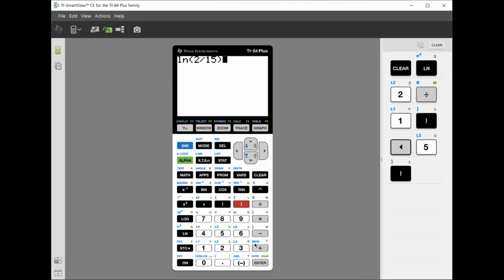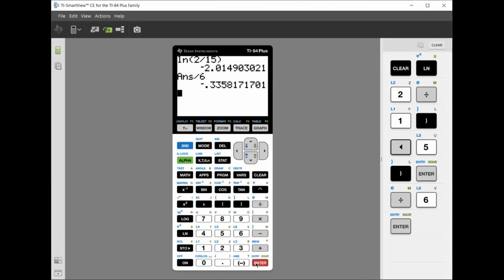Like that, because I want the natural log of the fraction. Leave it like that. Don't turn it up. And then I'm going to divide it by 6. I see, Shauna. And that's 0.33.